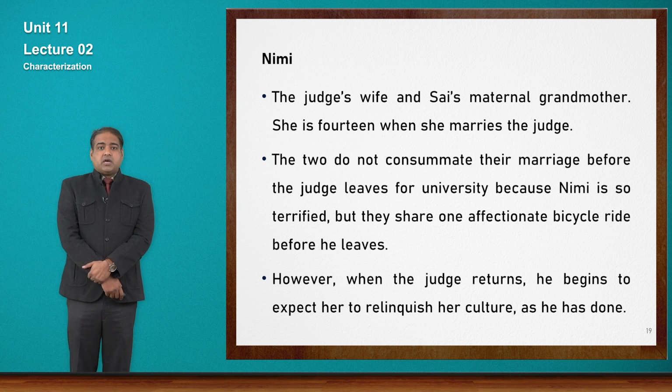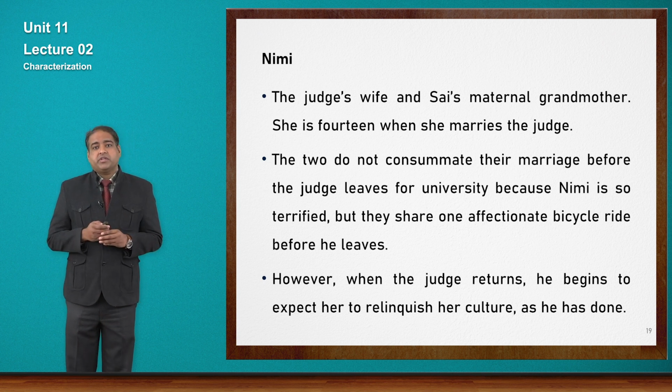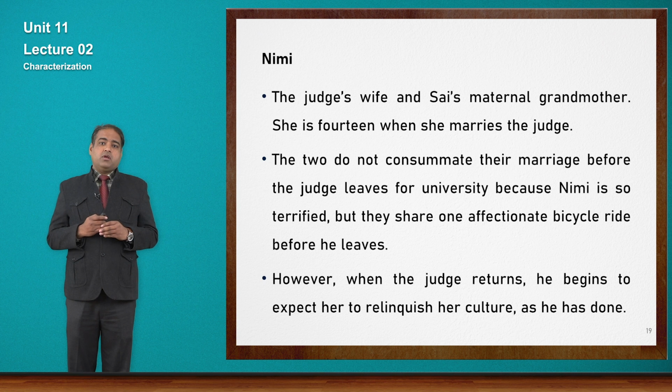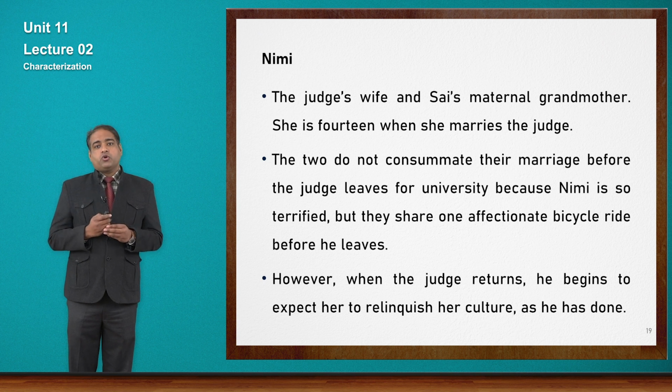Now friends, the condition of the judge in Cambridge was very critical. He returned with new manners which are European. He expected his wife to behave in those European manners, but she refused to relinquish or adapt that kind of culture.